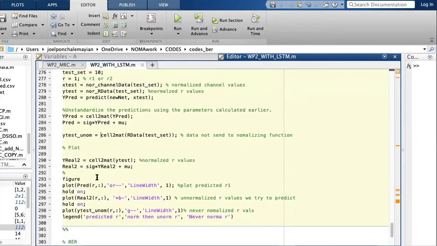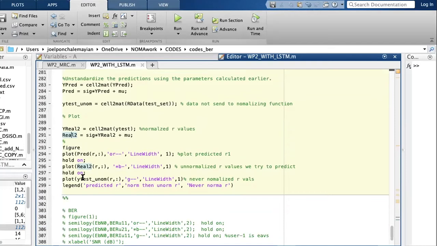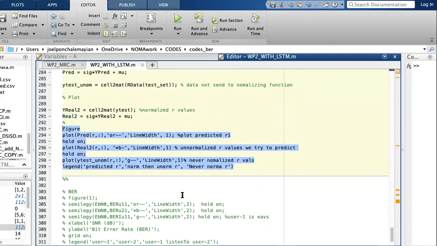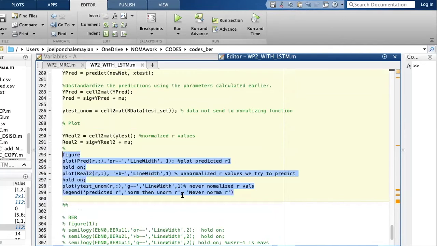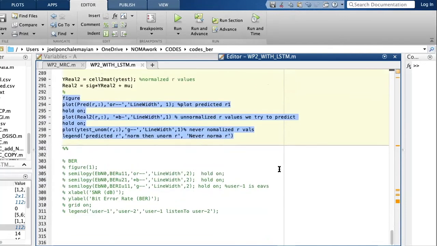And after that, this is now where I simply plot my data. I plot my predicted R. You plot your normalized and the one that has never been normalized. So basically, I hope this was not very confusing. And that's the whole code.